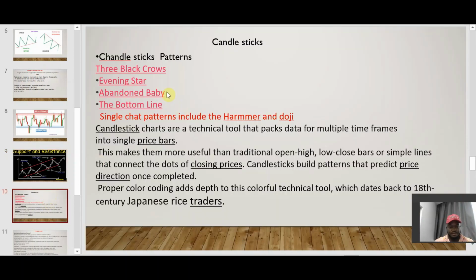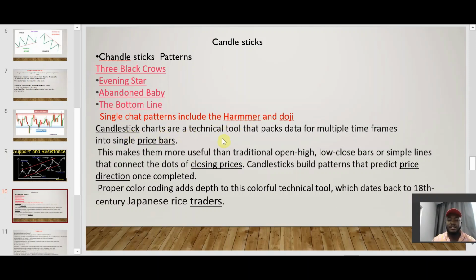So let's go. Then here we talk about candlestick charts and candlestick patterns: the three black crows, the evening star, the abandoned baby, the bottom line. Single candle patterns include the hammer and the doji.